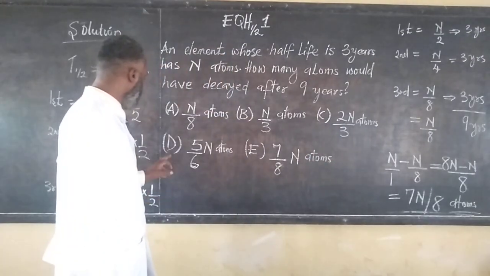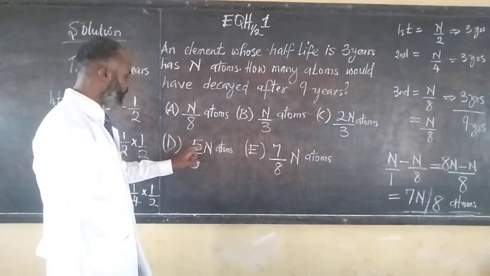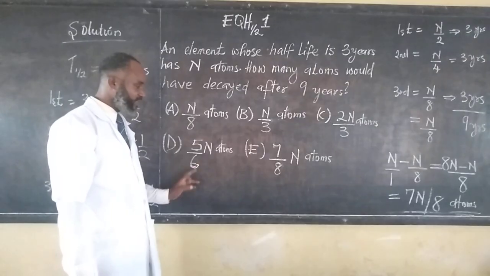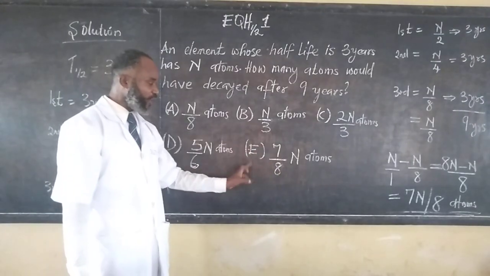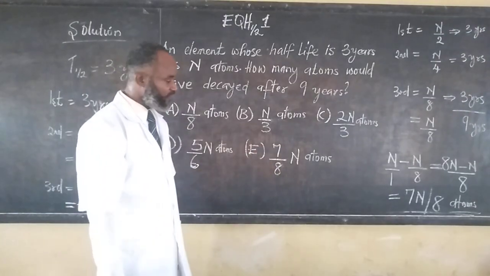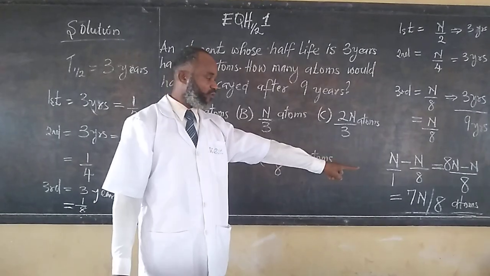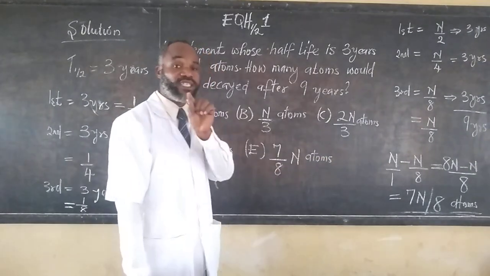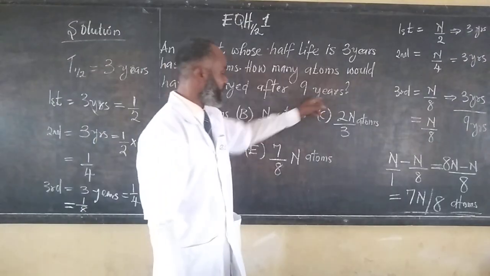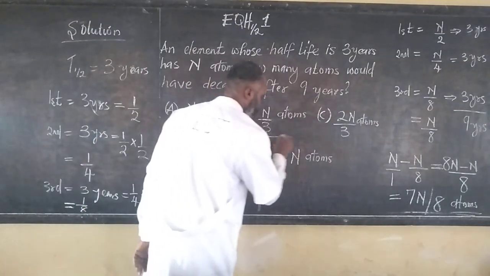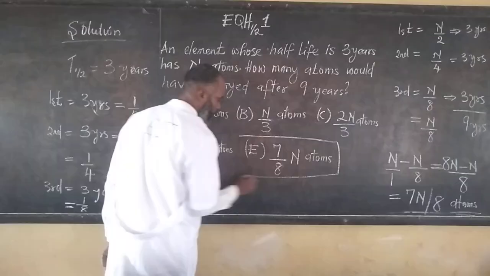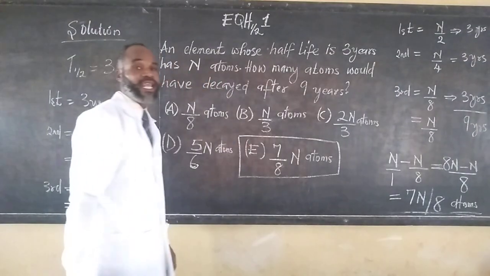Option D is 5N atoms over 6, not the same thing. And finally, option E, 7N over 8 atoms. Therefore, the most appropriate answer is option E.